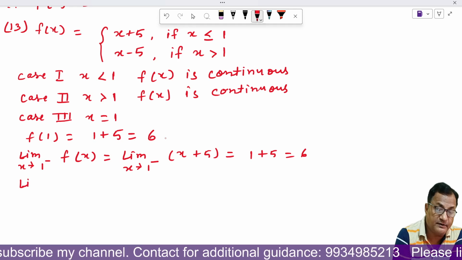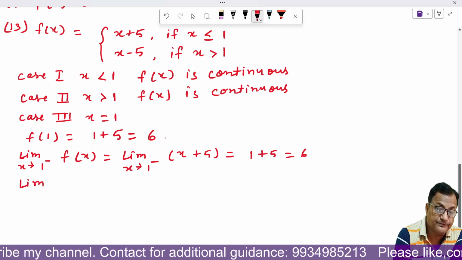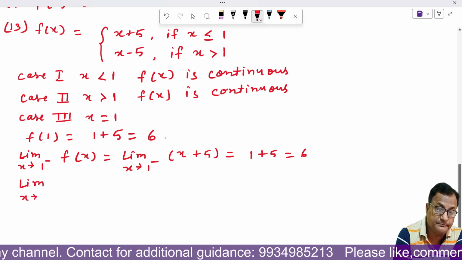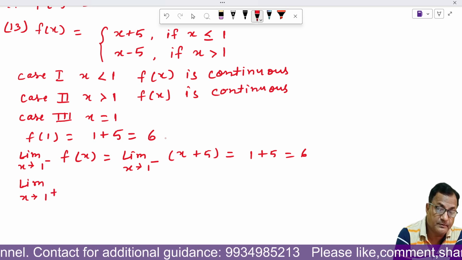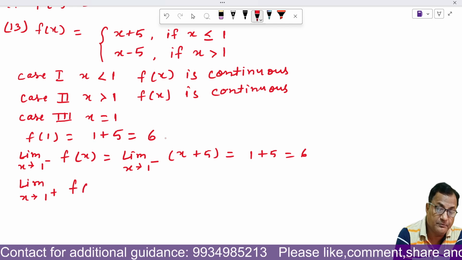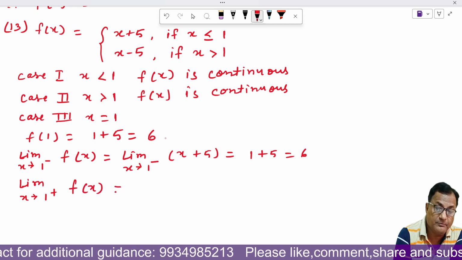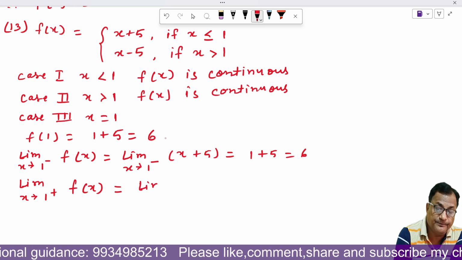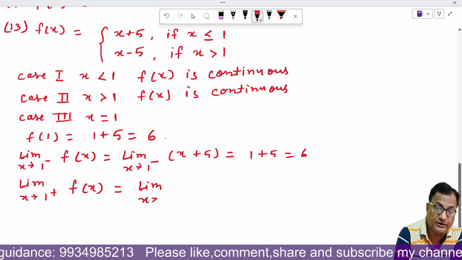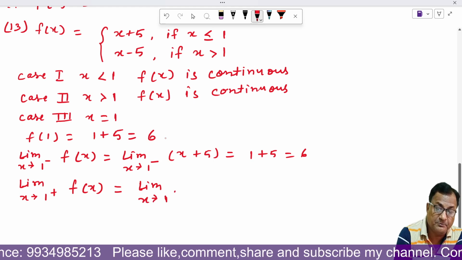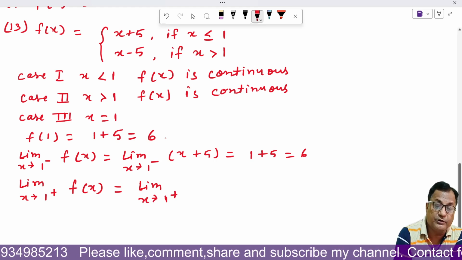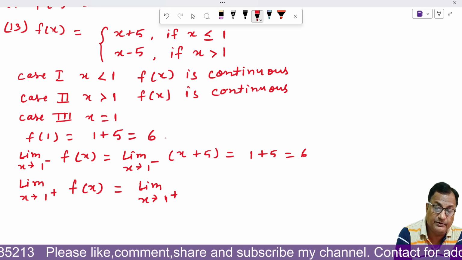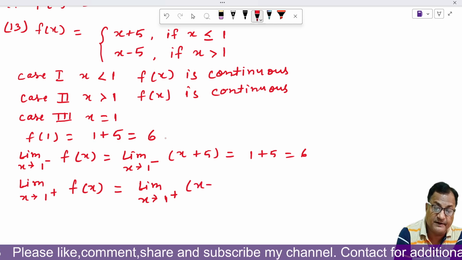Now find the right hand limit. Right hand limit will be x tends to 1 plus. If it is greater than 1, we will use this function x minus 5.